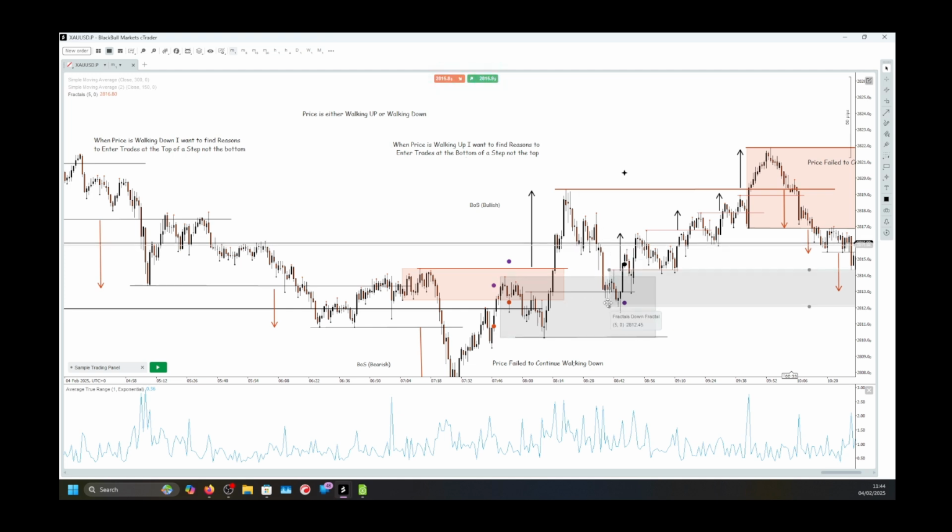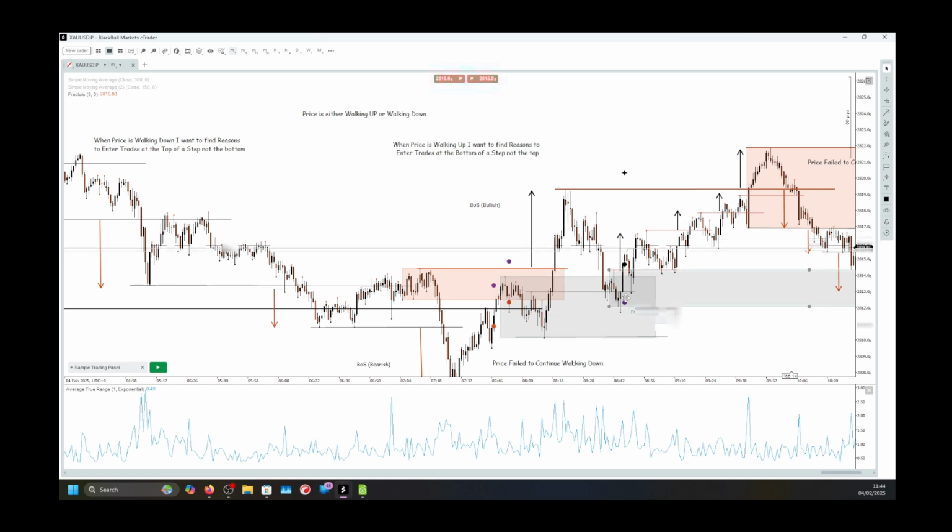Price comes back to the top of this step. You see that is where price started to step up. Where price was bearish here, it didn't continue bearish, it started going bullish from here.